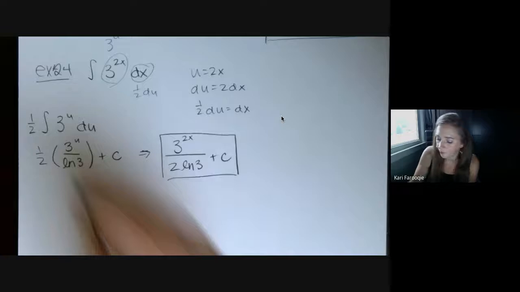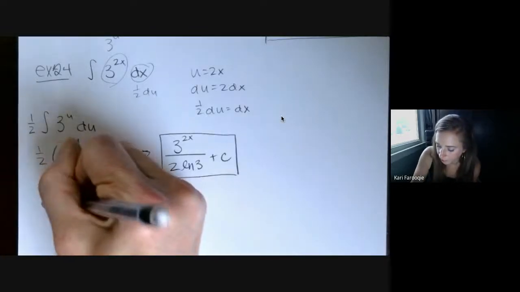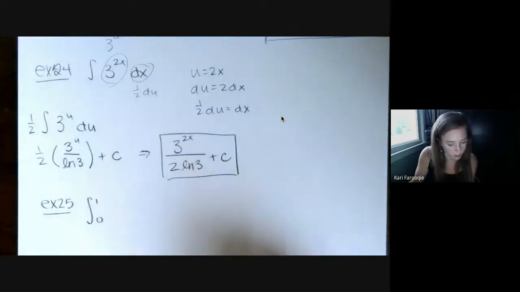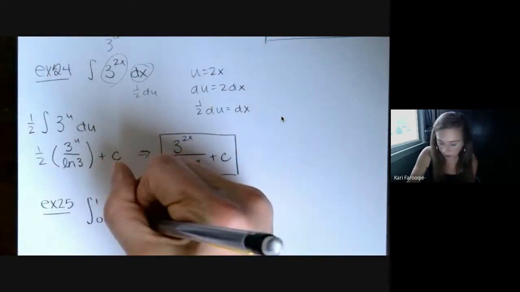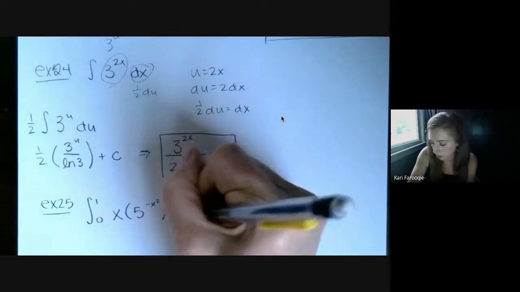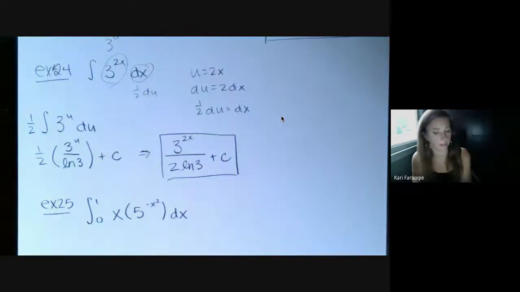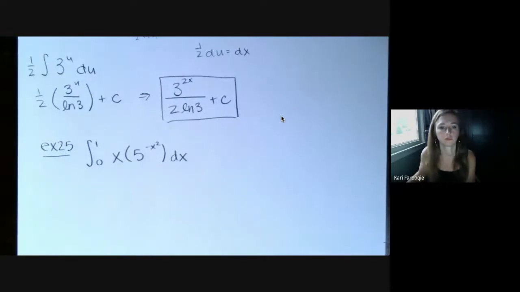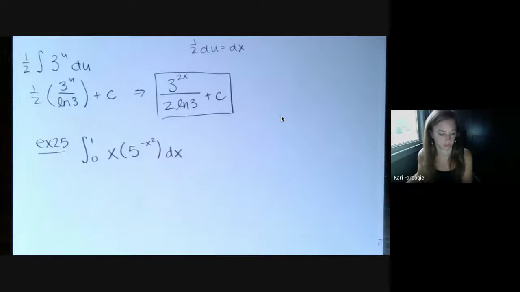Example 25: we're going from 0 to 1, the integral of x times 5 to the negative x squared dx. Now we are in the form b to the u, or at least that's what we're going for.